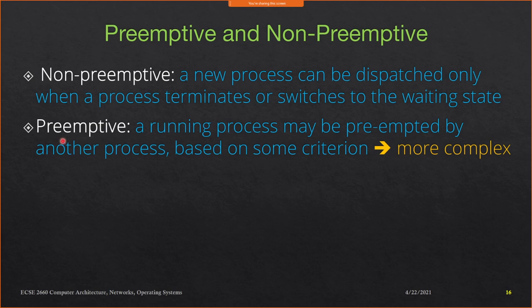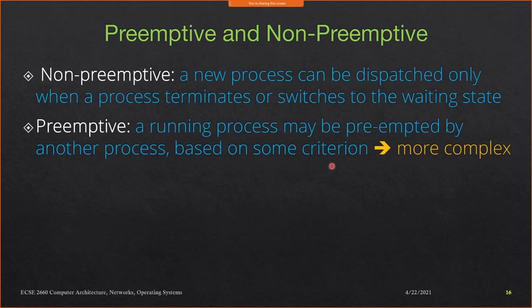So preemptive scheduling is one in which a running process may be preempted by another process based on some criteria. That criteria generally is based on priority. A lower priority process can be preempted by a higher priority process. But that criteria could also be something else, maybe shortest job first, right?